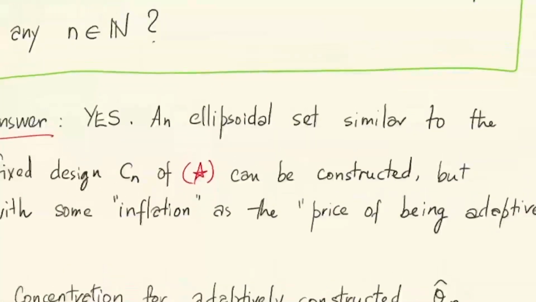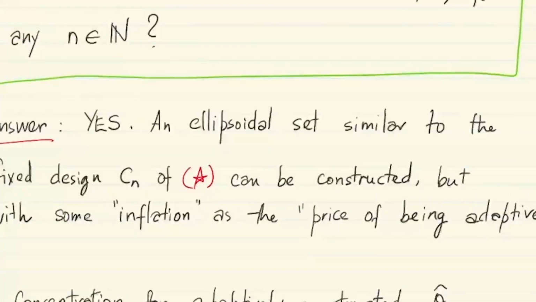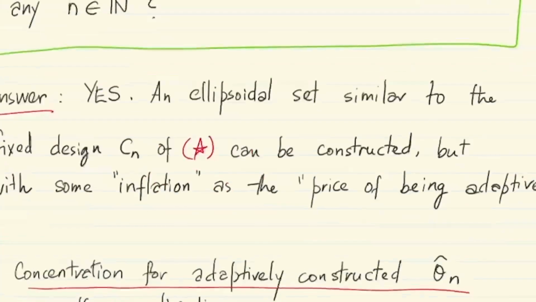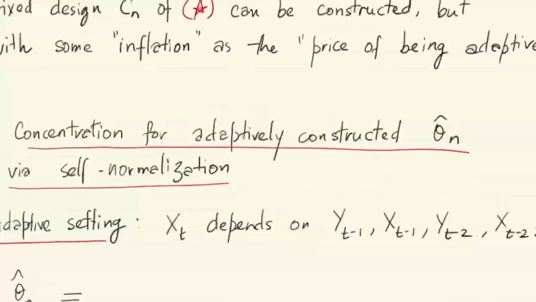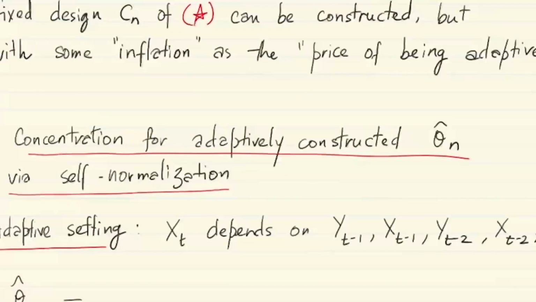This is where the idea of concentration inequalities for adaptively constructed estimates arises, via what are called self-normalizing inequalities, or self-normalized inequalities. Just to set the stage, recall that in the adaptive linear regression setting, the next measurement xt is some function of the past measurements and sensing actions, that is the y's and the x's in the past.